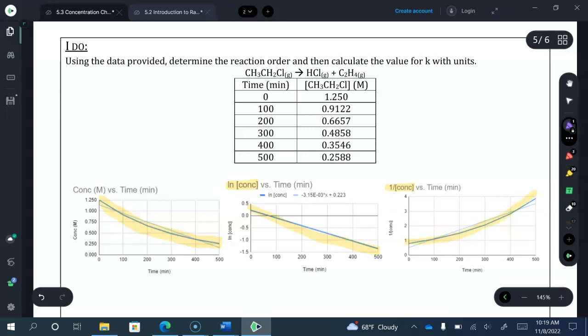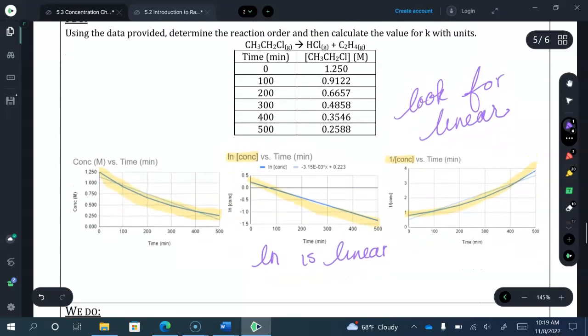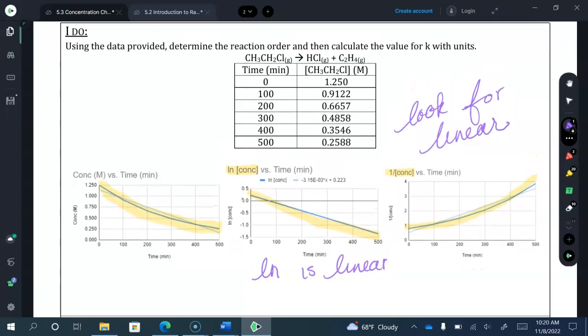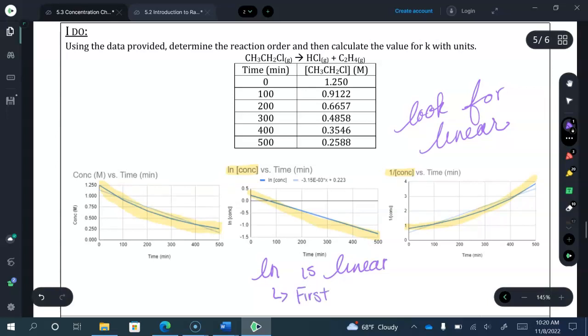So when we're trying to figure out which order it is, we're going to look for the one that is linear. And we see that the ln function is linear. So that tells us that the reaction order for this is first order. And this is just something you have to remember.